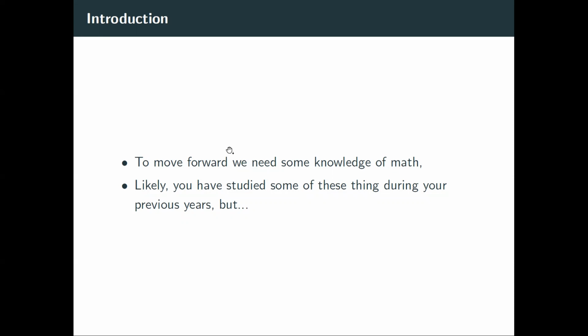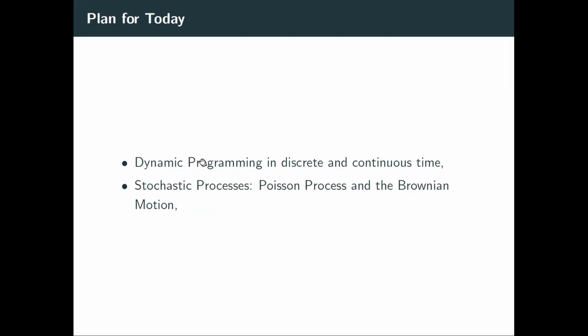And also, for some who studied it, it will be a reminder of exact things that will be relevant for the course. And the plan for today, the exact thing that we will cover, is the following. We'll cover dynamic programming, so it's the Bellman equation in two variants: in discrete time and in continuous time, because they both have some specific features and we will have both types.